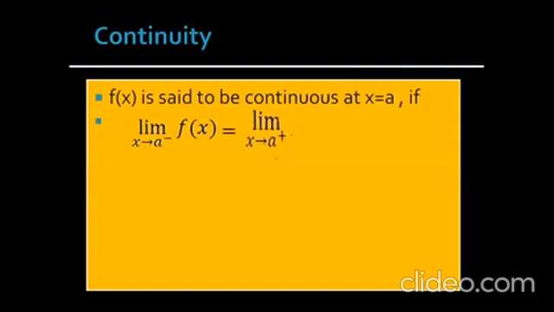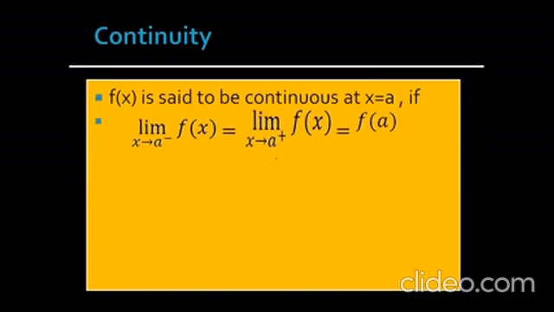f(x) is said to be a continuous function at x equals a if limit x tends to a minus of f(x) is equal to limit x tends to a plus of f(x), which is equal to f(a). Then we can say the function is continuous at x equals a.